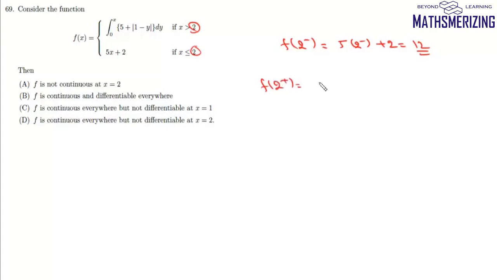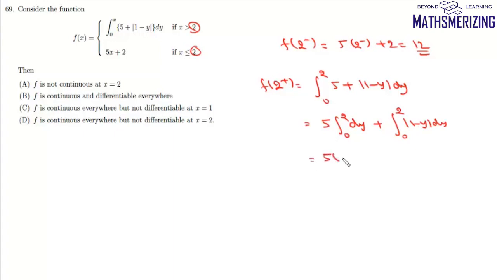f(2) negative will be 5 into 2 plus 2, that is nothing but 12. Now we'll find f(2) positive. f(2) positive will be this integral from 0 to 2 of 5 plus |1 minus y| dy. Now this is 5 times the integral from 0 to 2 of dy, plus the integral from 0 to 2 of |1 minus y| dy.